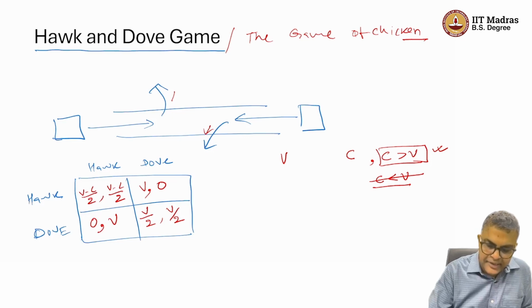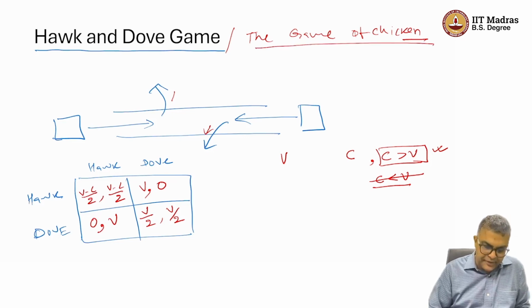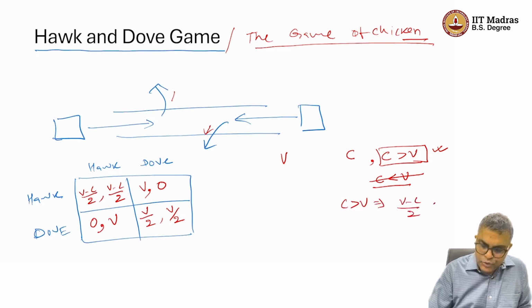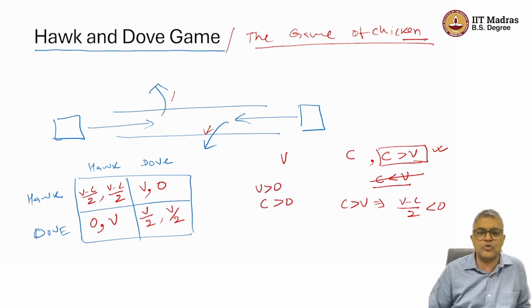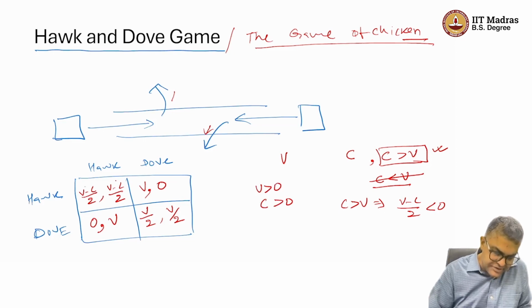I think the name Game of Chicken comes from there. So here we will try to obtain what would be the Nash equilibrium. Notice, if C is greater than V, then (V minus C)/2 is going to be less than 0. We will assume that V is greater than 0 and C is also greater than 0. So this is less than 0, this is less than 0.